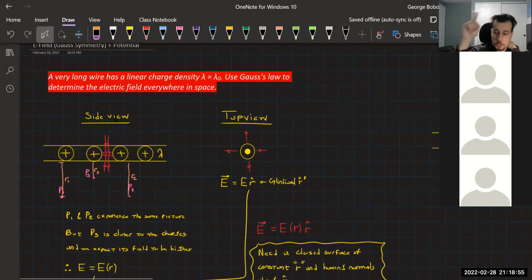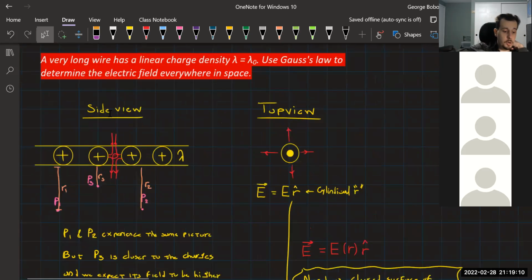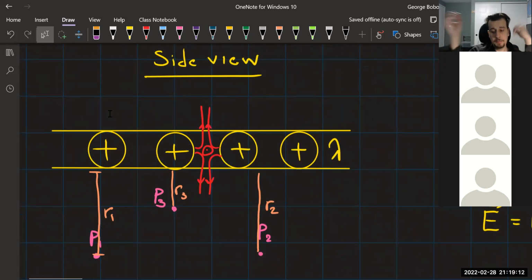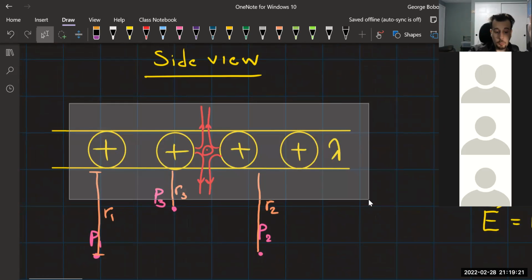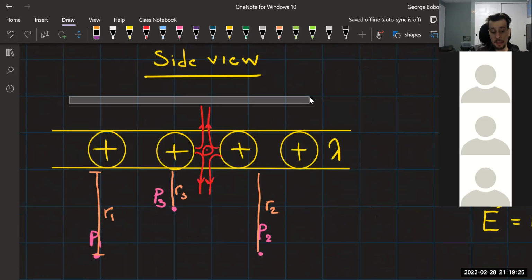But your first job is to determine the direction of the electric field. You cannot walk into this problem without it. So if you're suspecting that you have Gaussian symmetry, make sure you determine how the electric field will go. It can be as fundamental as looking at the charges and seeing how the electric fields will go and deducing that, for example, this one will have an R-directed electric field. You need that. You can't do anything if you don't know that.